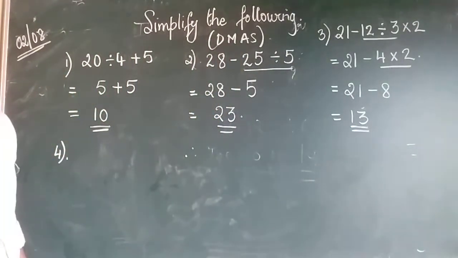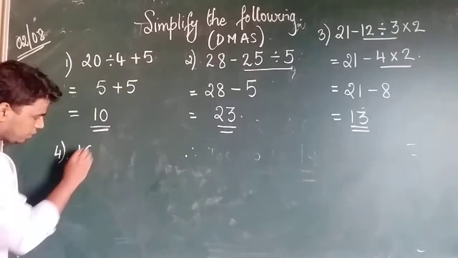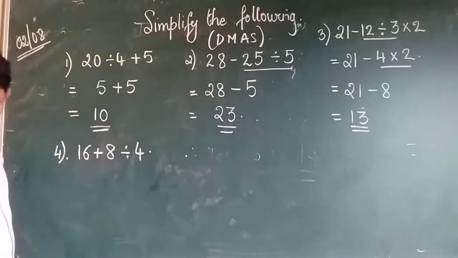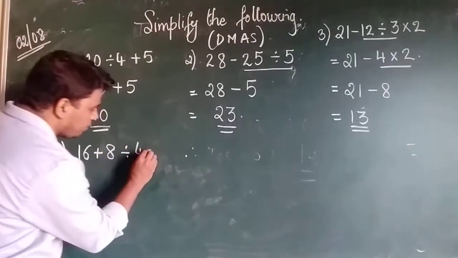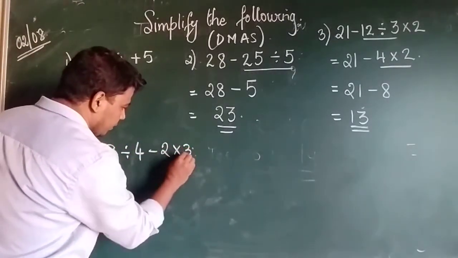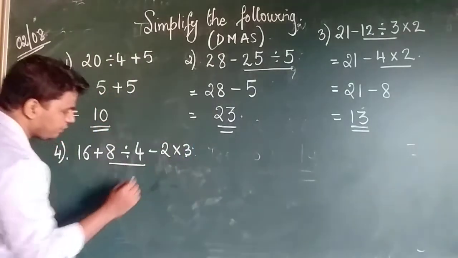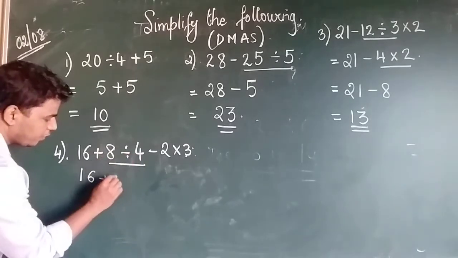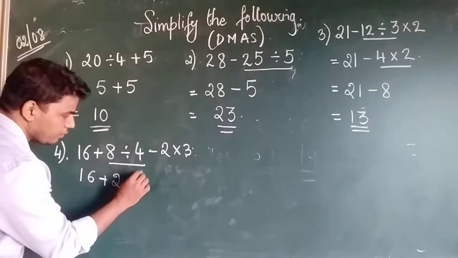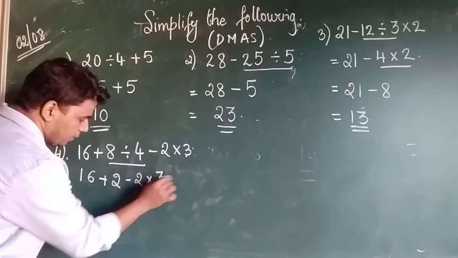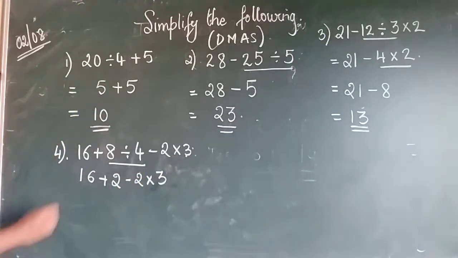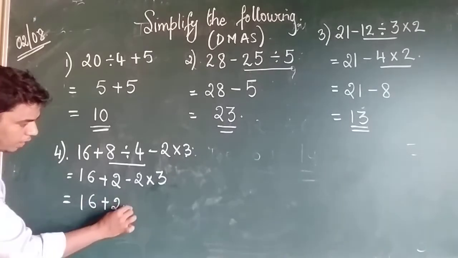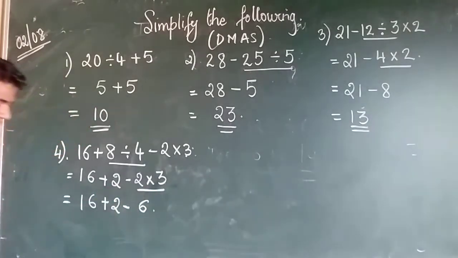The fourth one is 16 plus 8 divided by 4 minus 2 into 3. Okay, let's go for division first. So you will get 16 plus, 8 divided by 4 is 2, minus 2 into 3. Okay, then we get 16 plus 2 minus, 2 3s are 6.